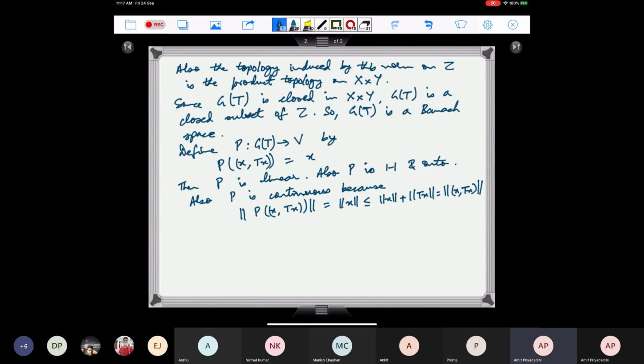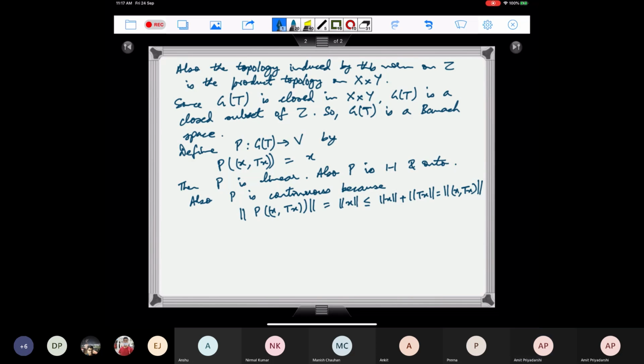Because this G of T is a subset of Z, and on that the norm was defined as norm of (x, Tx). So that means that P is a bounded linear operator. So this P is continuous.